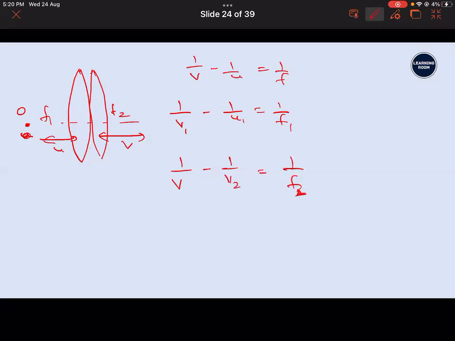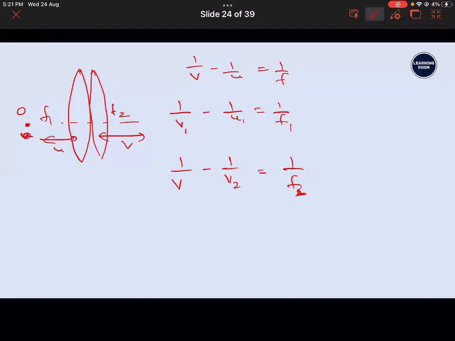If you observe one point here, I didn't apply sign convention, did I? Why? Sign convention. Guys, is it okay if I'm not visible?